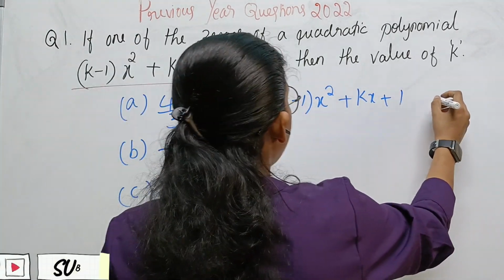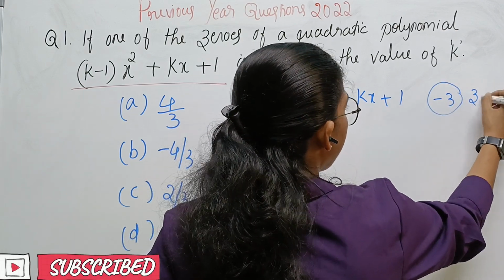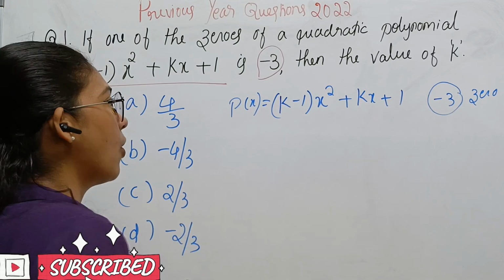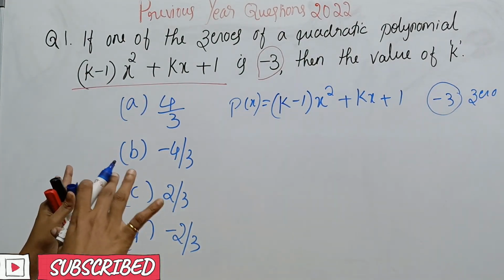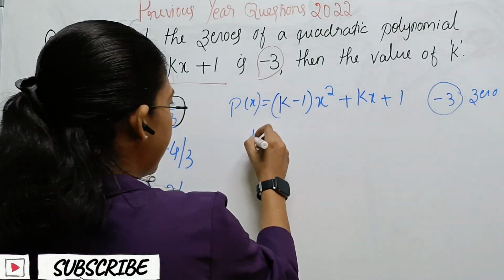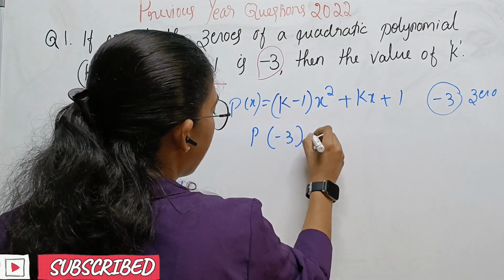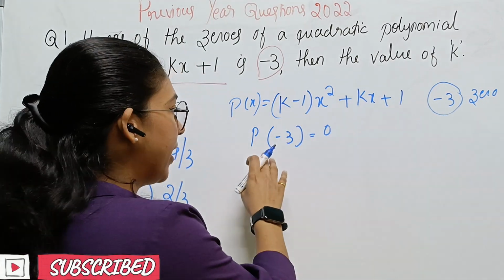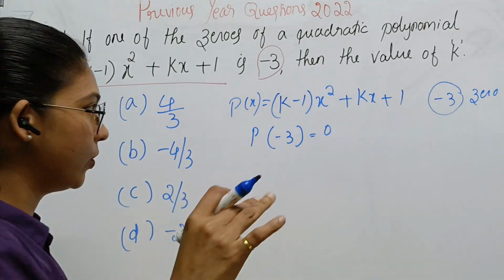So k minus 1 into x square plus kx plus 1. Given that minus 3 is the zero of the polynomial, let this be p of x. Then p of minus 3 is equal to 0.